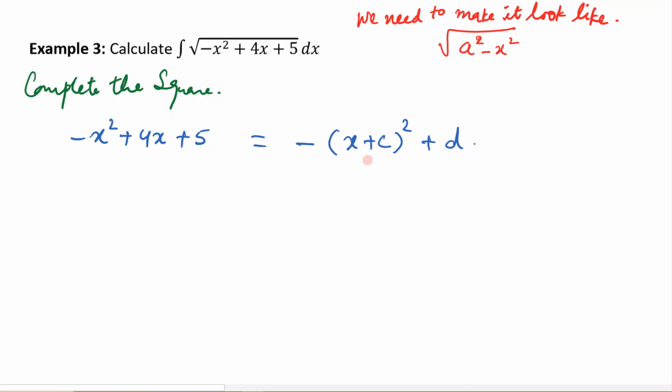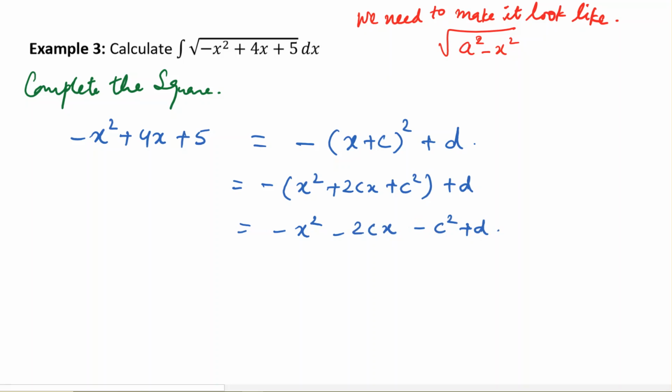So what we're going to do is expand this right hand side, and then equate the coefficients of like terms, and we can figure out our values of c and d. So negative of x squared plus 2cx plus c squared, plus d. So we get negative x squared, negative 2cx, and for the constant term we got negative c squared plus d. And on this side we have negative x squared plus 4x plus 5.